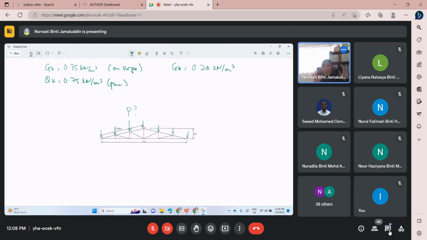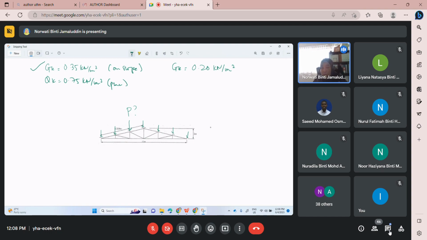No. The logic, it is not on slope because weight is gravity load. This one, logically it should be on plan.